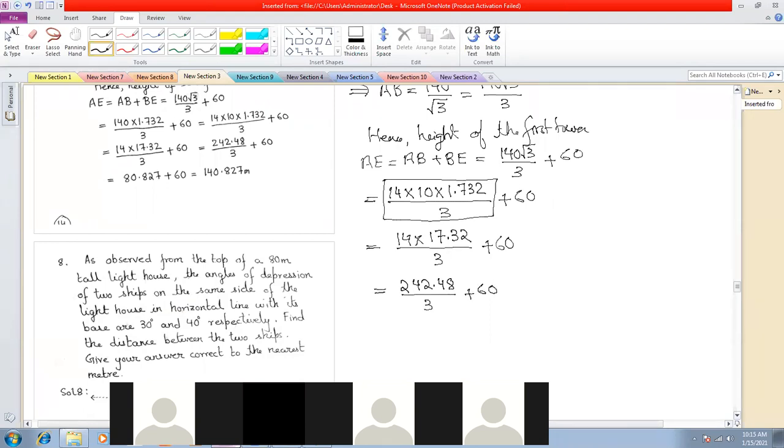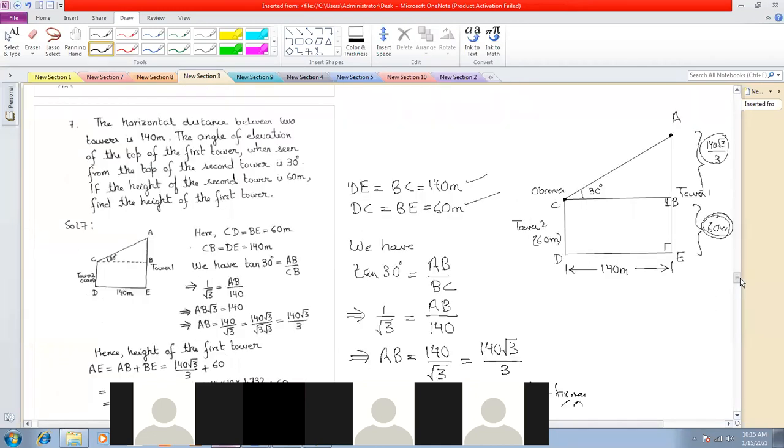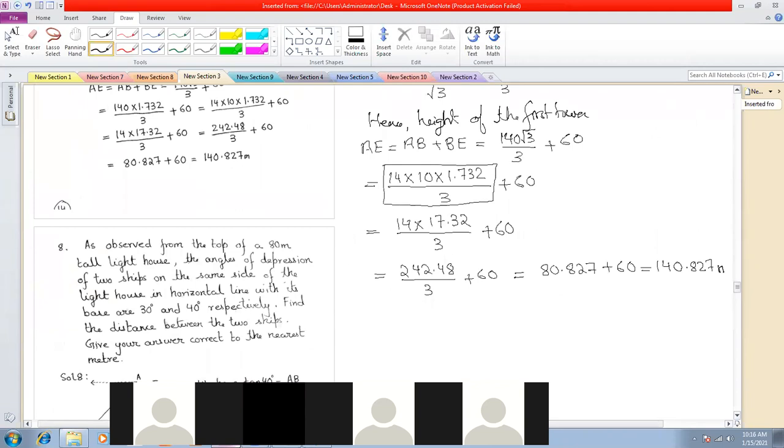Here you can take your LCM and proceed, or you can find 242.48 divided by 3, which is 80.827, or simply 80.83, plus 60. Adding this, we get 140.827. Is this given correct to any number of decimal places? No, they have not said in the question correct to 2 or 3 decimal places. So we'll leave the answer as it is, this many meters.